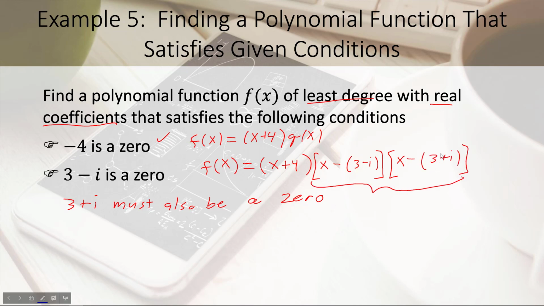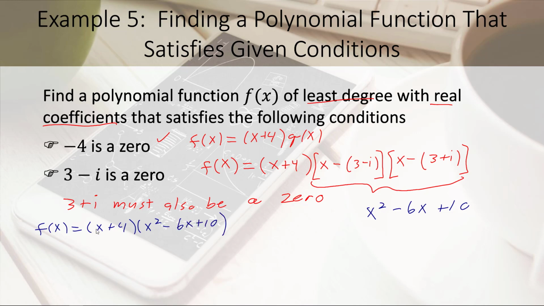Now, if you evaluated these two factors using the FOIL method, you would have x squared minus 6x plus 10, which leads us to f of x is equal to x minus 4 times x squared minus 6x plus 10.